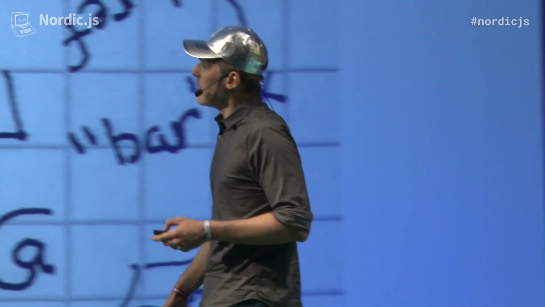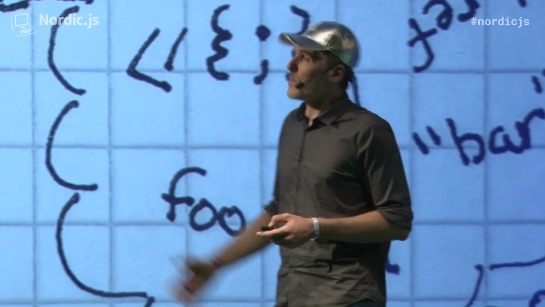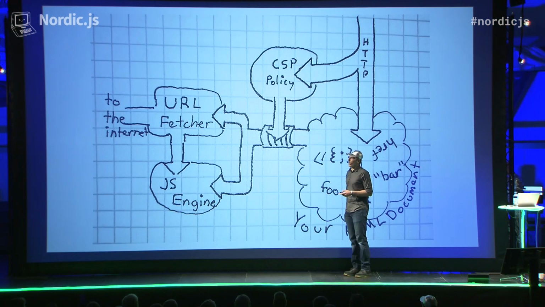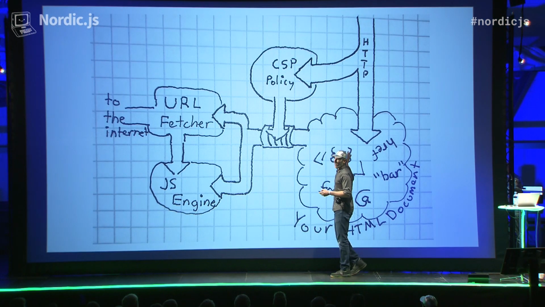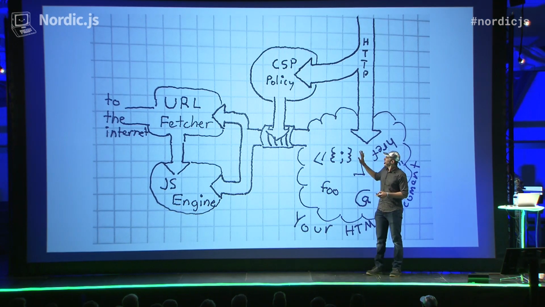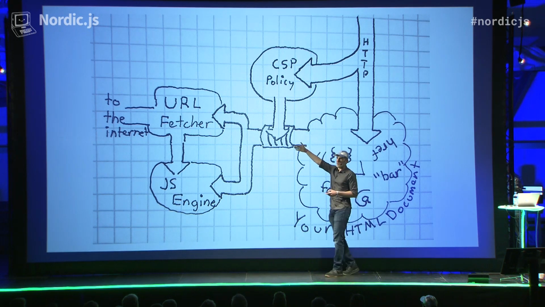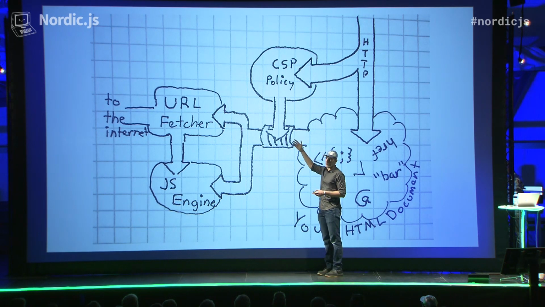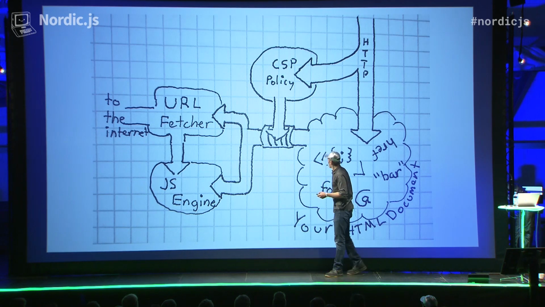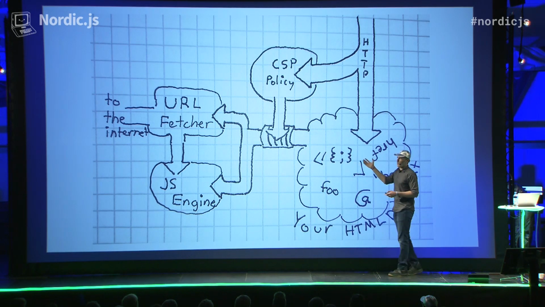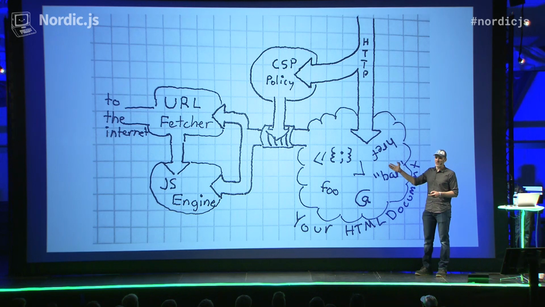And so, in my view, the problem with CSP is that it's sitting outside the application. This is a good place to sit to intercept all requests to load code, but it simply doesn't have the context necessary to make good decisions. This is why these policies don't work.